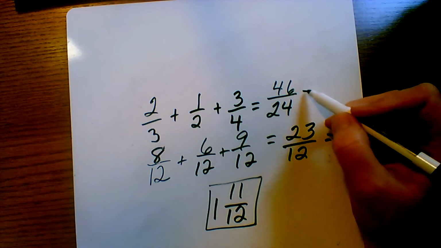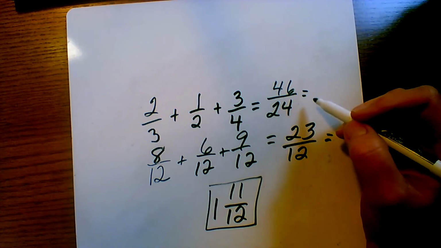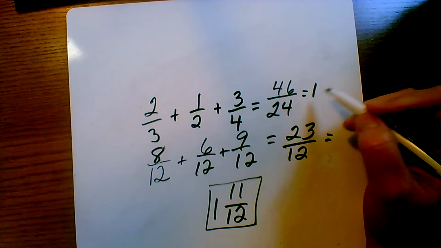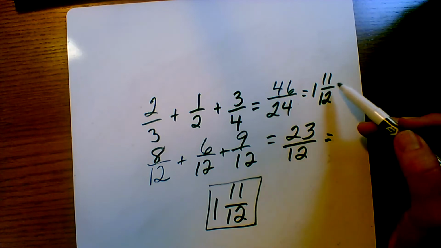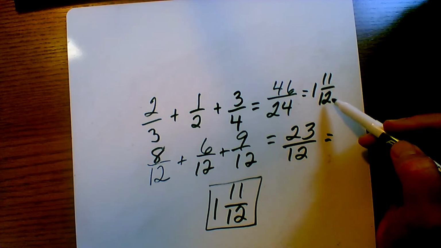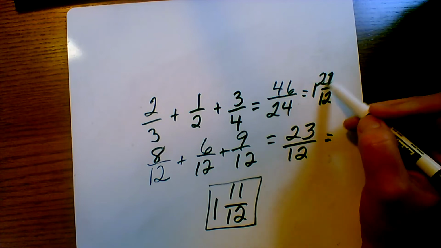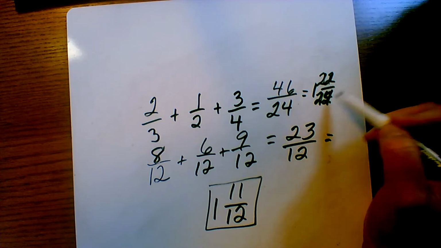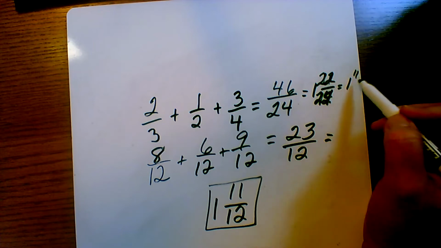Then they could simplify. 24 goes into 46 one time, and then there would be 22/24 left over. I skipped a step there. So we'll just write that 22/24, and that would reduce to 1 11/12.